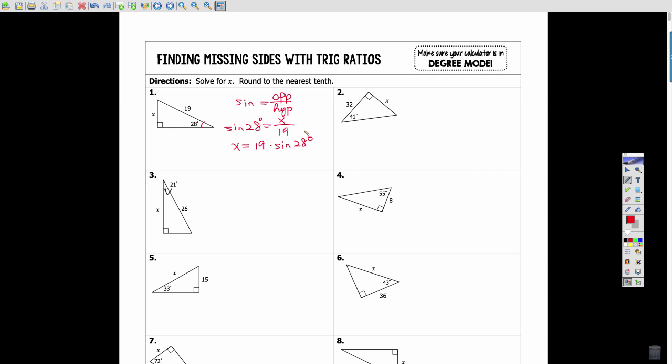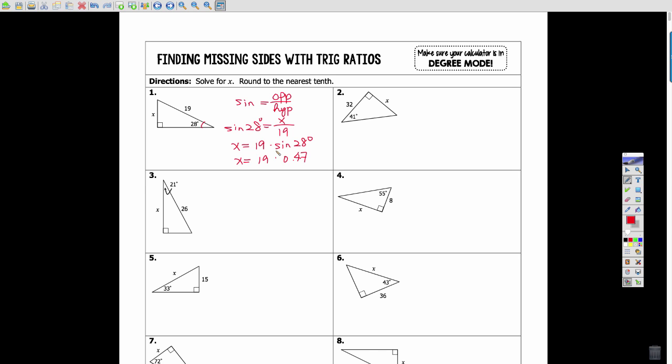Now you can use your iPhone. If you use your iPhone, the way to calculate sine of 28 degrees is to plug in 28 and then click on sine. So you should have about 0.47. And then you bring the 19 down.